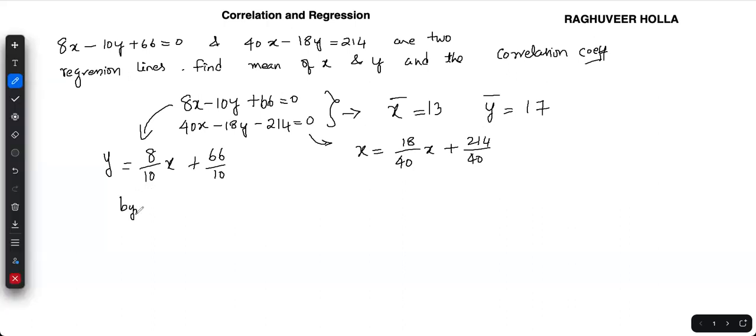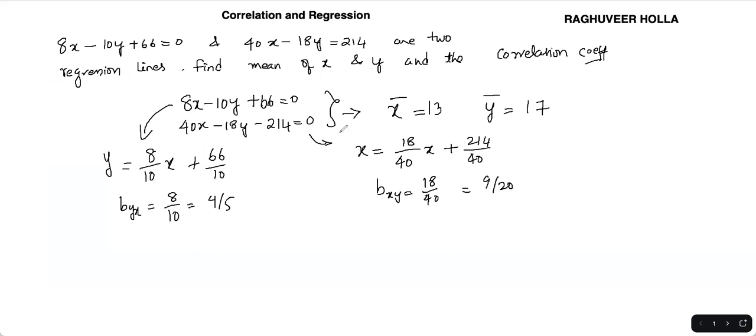Now b y on x, right? B which is 8 by 10, and b x on y, which is 18 by 40. So this is 4 by 5, and this is 9 by 20.